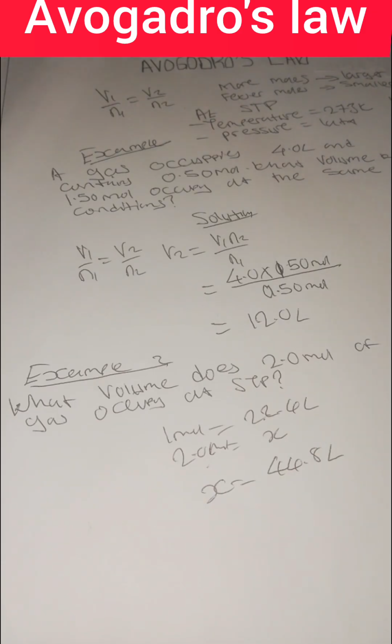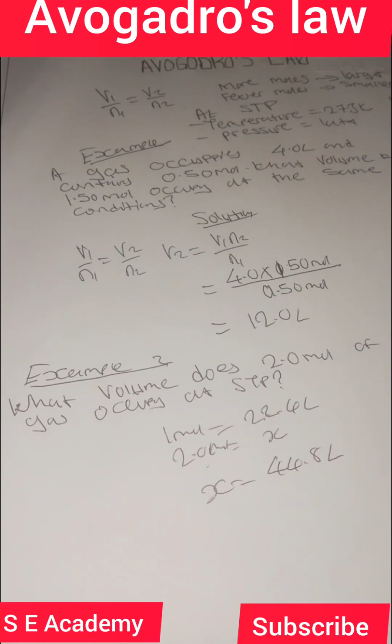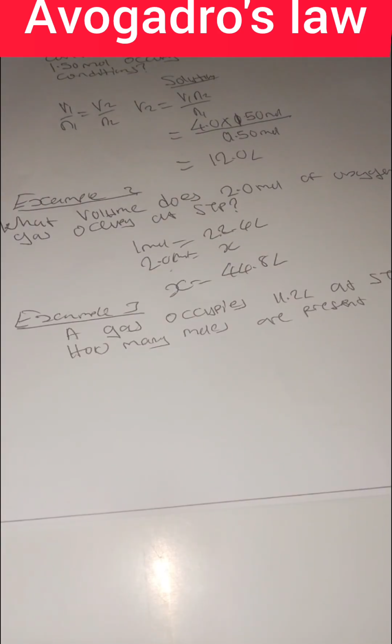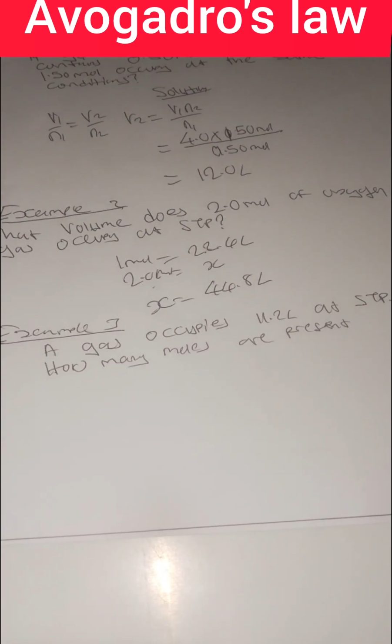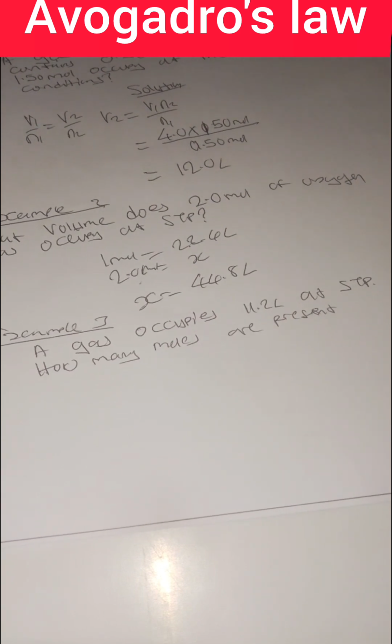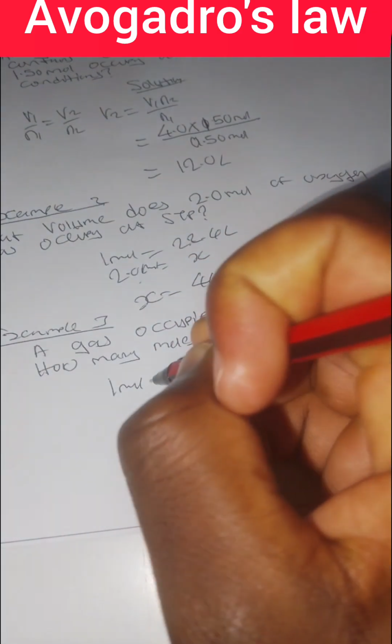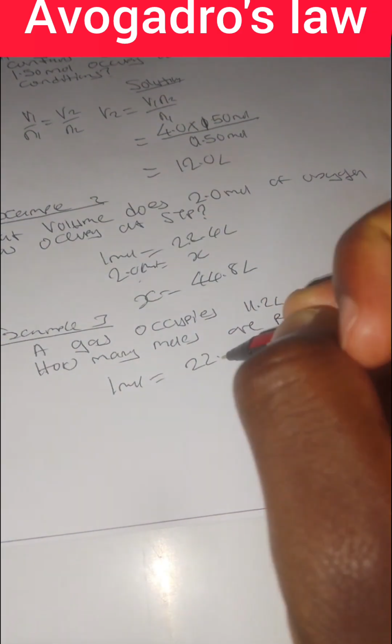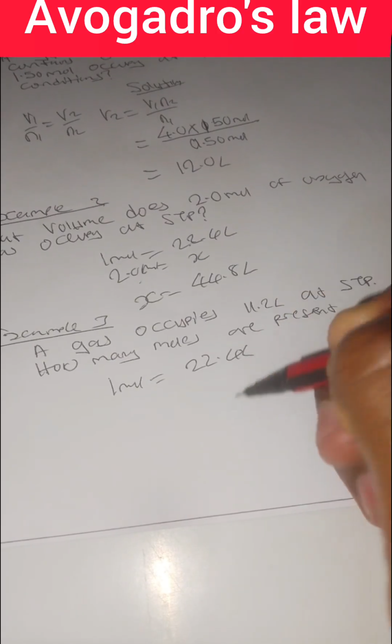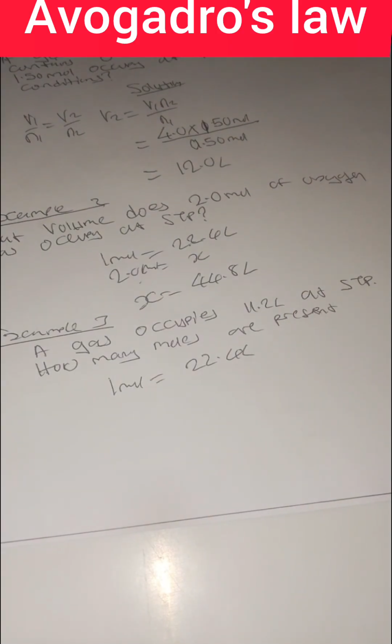So let's go ahead and do the last example, which is example 3. A gas occupies 11.2 liters at standard temperature and pressure. How many moles are present? So we just do what we did earlier, which is 1 mole is equal to 22.4 liters. What about here? We have been given the liters, which means we put on the right side 11.2 liters.